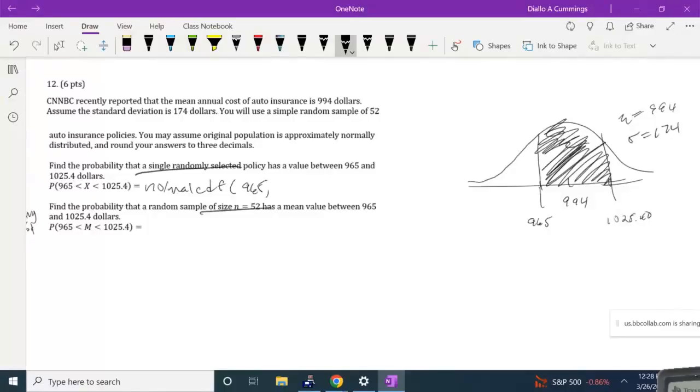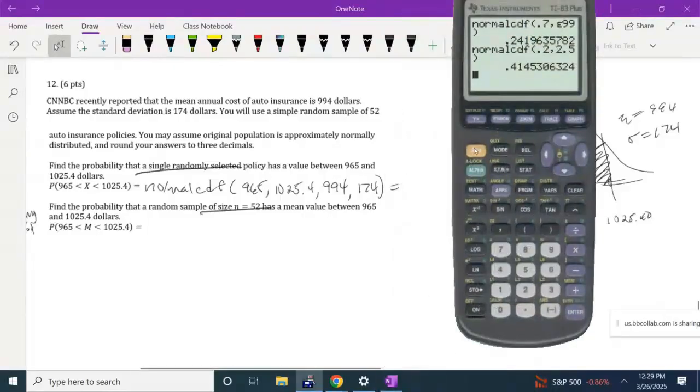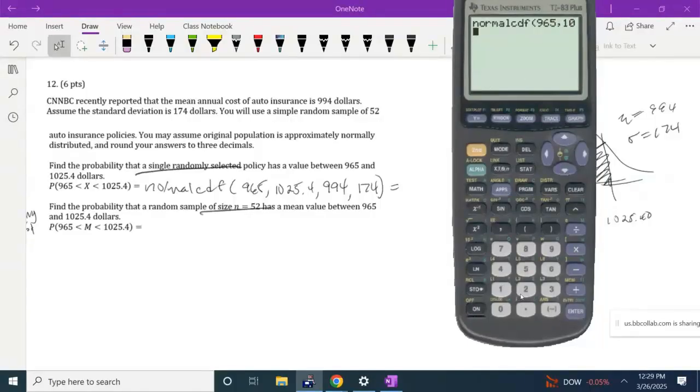We're going to put in the lower limit, upper limit, mean, standard deviation. So it's normal CDF, 965, comma, 10.